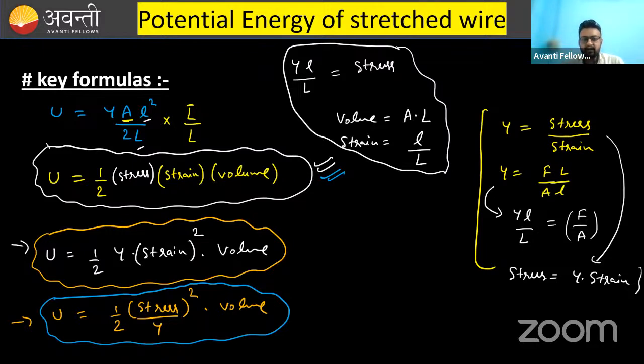I think all these relations are clear in your mind. We are going to use these relations in the numericals in the concept test that we are going to discuss further. So just make sure that you have taken the screenshot or you have written everything in your notebook. Otherwise, you will not be able to attempt the question. I hope it's clear. So moving further, let's see what's on the next slide. If you have any doubt, you can ask.